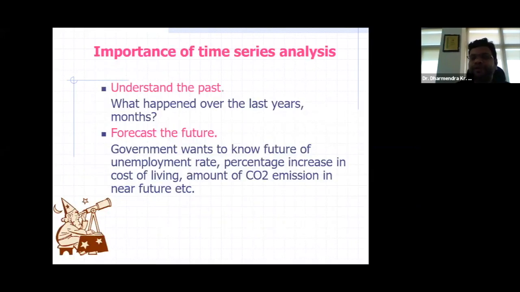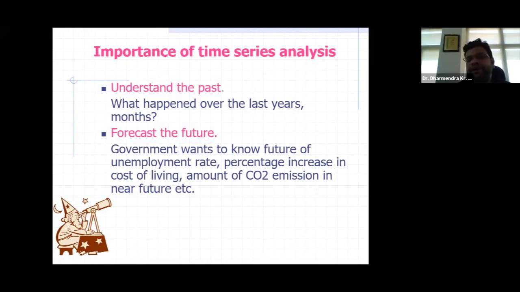What is the importance of time series analysis? As I have told you, first, to understand the past behavior, what happened over the last years or last months. The second importance is to forecast the future. Like, the government wants to know the future of the unemployment rate, the percentage increase in cost of living, and the amount of CO2 emission in the near future.